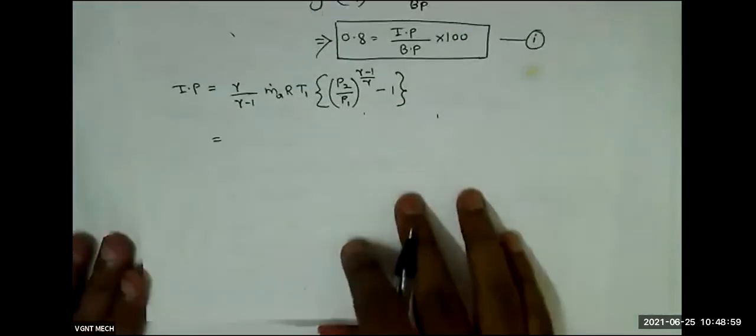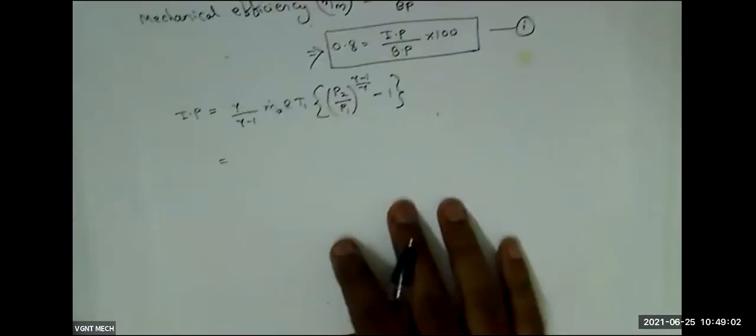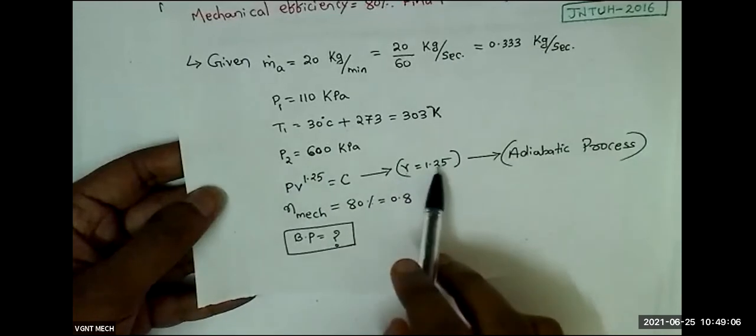So here we will put all the values. What is the value of gamma? Gamma value is 1.25.